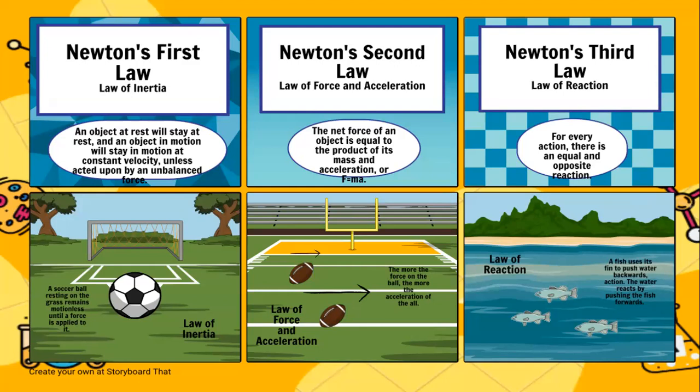Second, Newton's second law of motion, the law of force and acceleration. The net force on an object is equal to the product of its mass and acceleration. So our formula in finding force is m times a. In finding acceleration, we have F over m. And in finding mass, we have F over a.